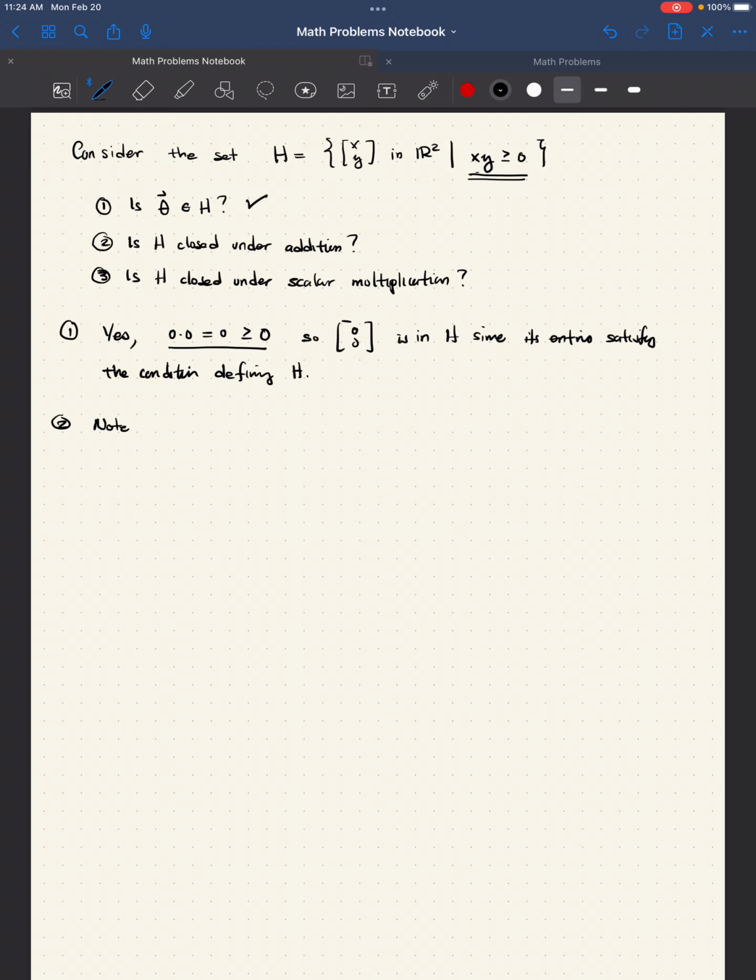Note that the product of two real numbers with the same sign produces a non-negative number.